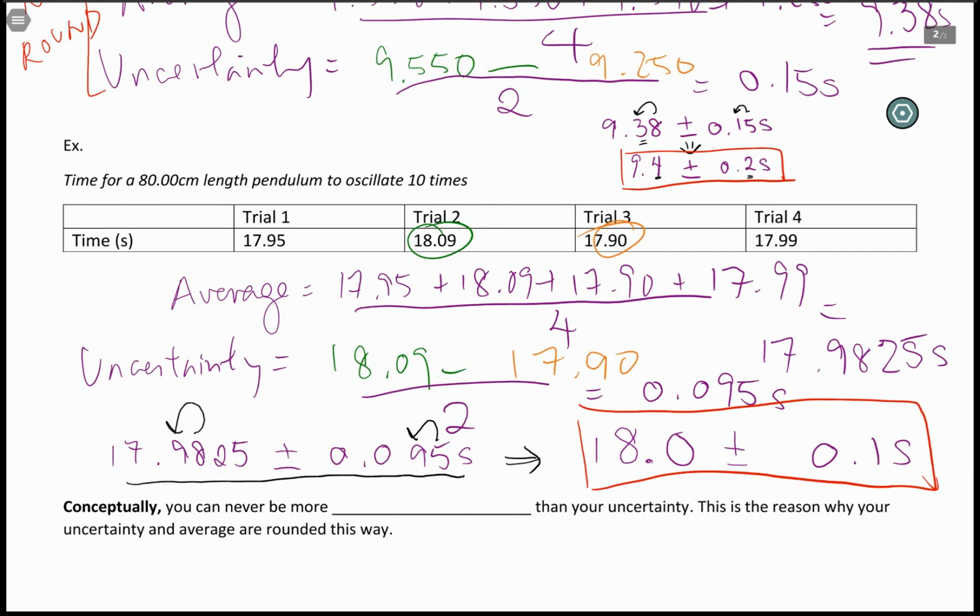If we're already 0.1 seconds uncertain, it's really pointless to write all these trailing digits. If we're uncertain about that, we might as well do the rounding and leave our response the way it is. So conceptually, you can never be more precise than your uncertainty. That's the reason why we do this rounding.